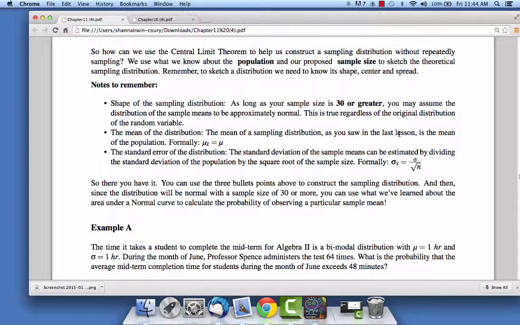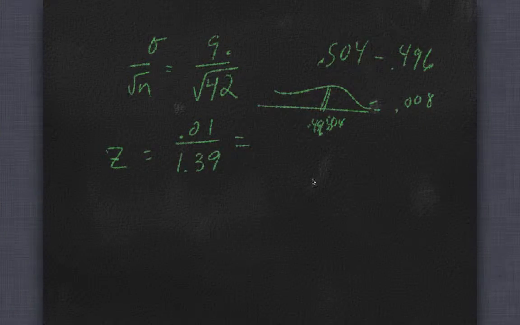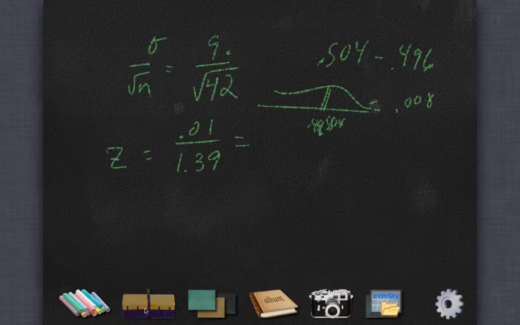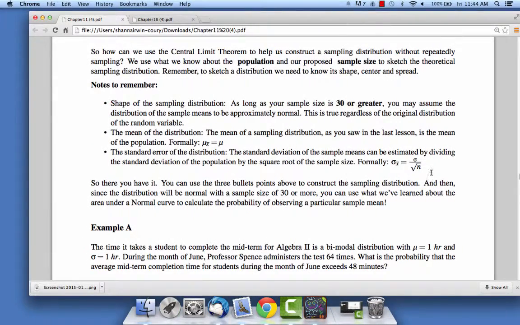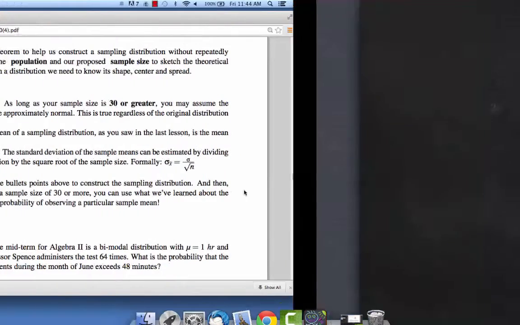Pause and save. Okay, I had previously done the third example instead, so clear. Sorry about that. Okay, so we have mu and sigma are 1, and 64 is the sample size, and we want to know the probability that his mean was greater than 48 minutes.